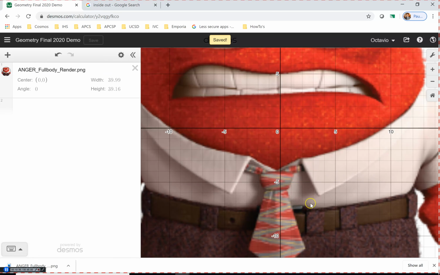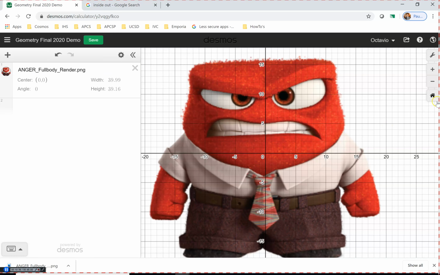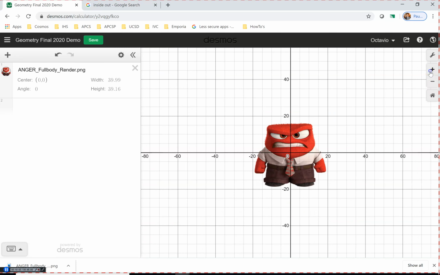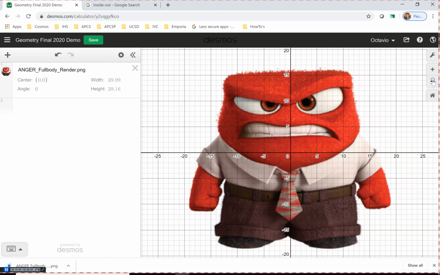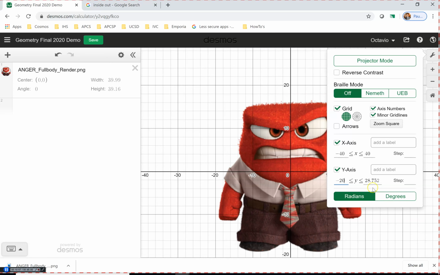Okay, the first thing I want to do, I'm going to zoom in. You can zoom in with the scroll. And then if you click home, it zooms in too much. So let me zoom out. I'm pretty sure we can make this our home now. Let me see here. I'm going to put, I want the Y to go no more than 20 down, and the X to go no more than 20 upwards.